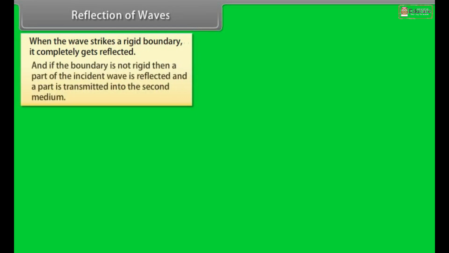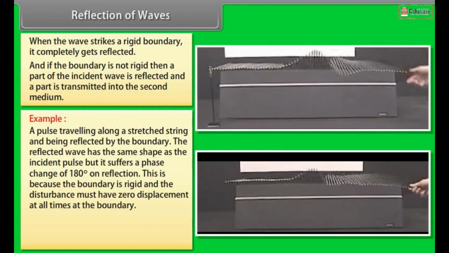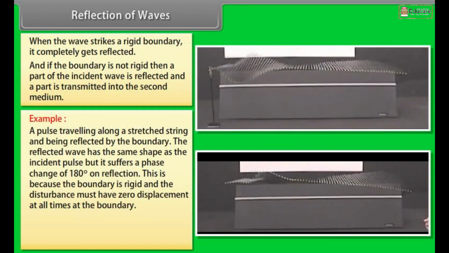Reflection of waves. When a wave strikes a rigid boundary, it completely gets reflected. And if the boundary is not rigid, then a part of the incident wave is reflected and a part is transmitted into the second medium. Let us take an example. A pulse traveling along a stretched string and being reflected by the boundary.